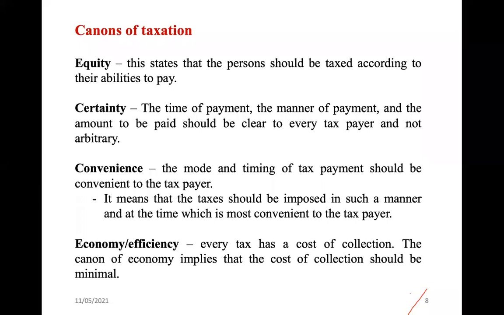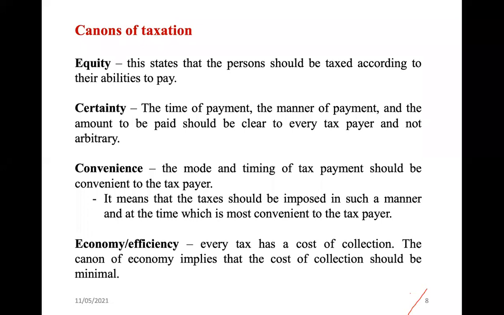If they do not earn an income, and income is a basis of taxation, then it doesn't make sense to tax them, okay? And if they do earn an income, you should tax them accordingly, based on the size of their income. In other words, you should tax those who earn a higher income more than those who earn a lower income.